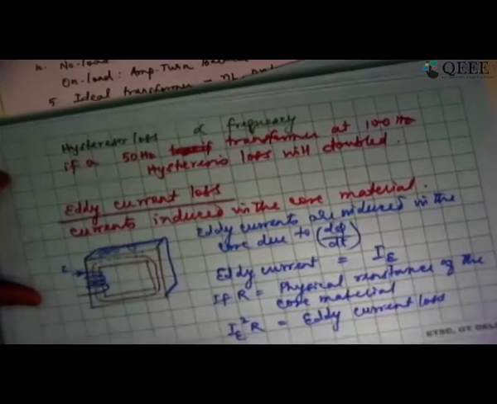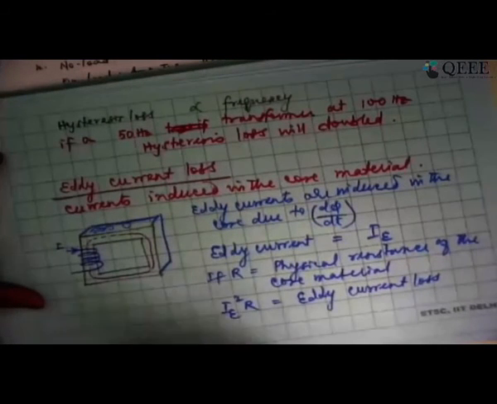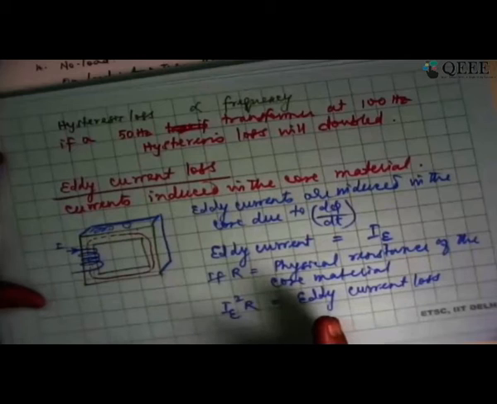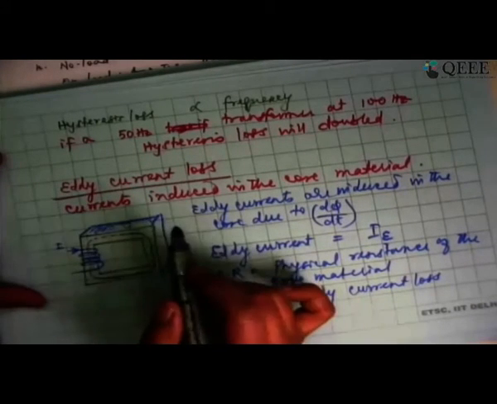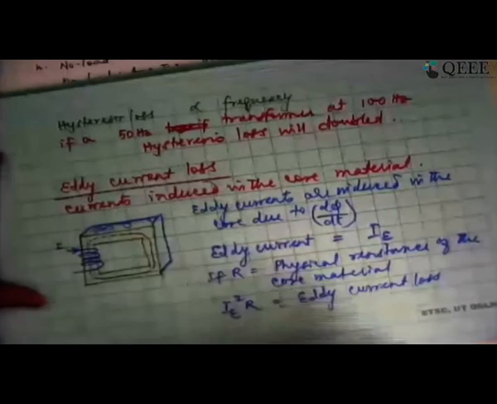So if I want to actually reduce the eddy current loss, I should avoid all crisscross currents within the core. I should not have crisscross currents within the core.